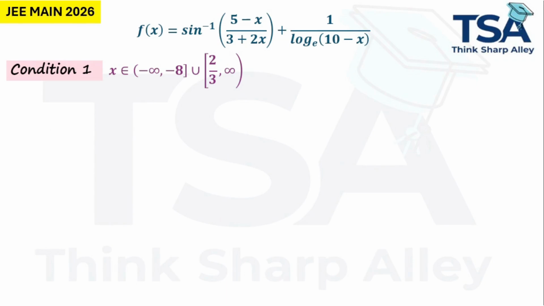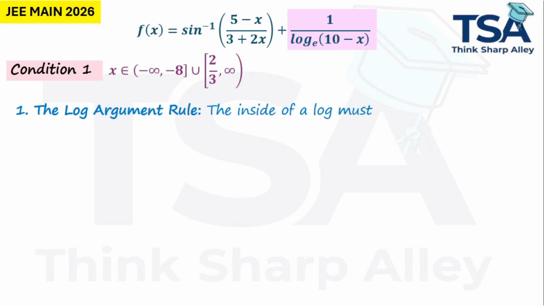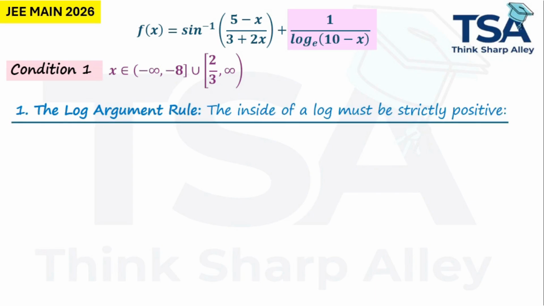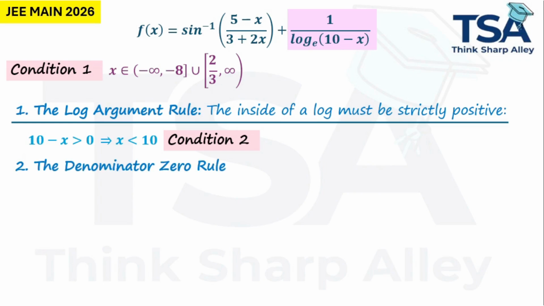Next, part 2, we will see the logarithmic conditions. For the rational log term, 1 by log base e of (10 minus x), we have two separate rules. First, the log argument rule, which says the inside of a log must be strictly positive, which means 10 minus x greater than 0, and that implies x must be less than 10. And let's call it condition 2. Second is the denominator 0 rule.